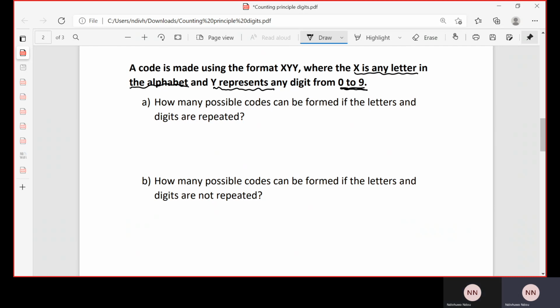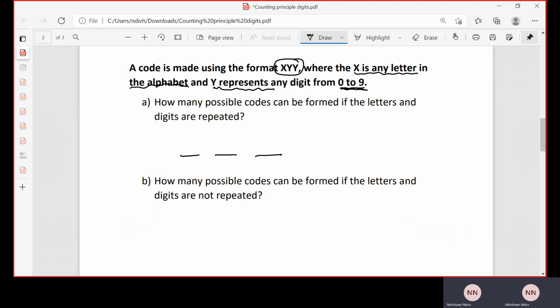Let's start with A. How many possible codes can be formed if the letters and digits are repeated? Okay, our code is in the format of X, Y, Y. So it's only 3 positions, X, Y, Y. X is representing any letter in the alphabet.